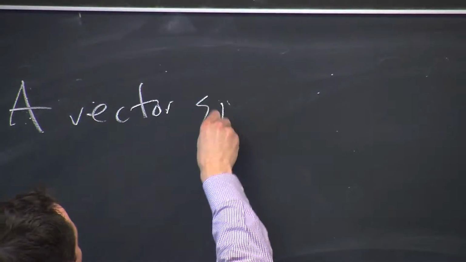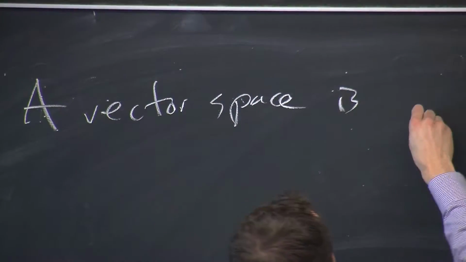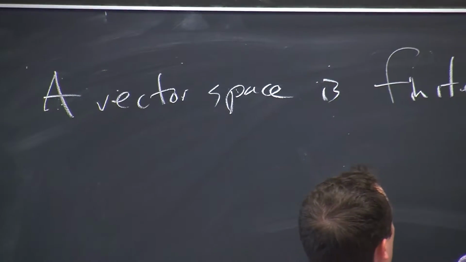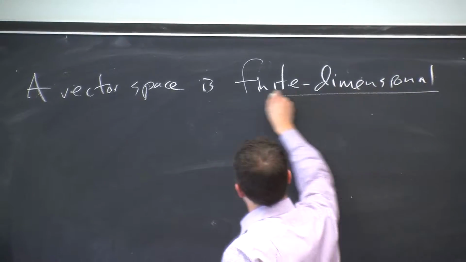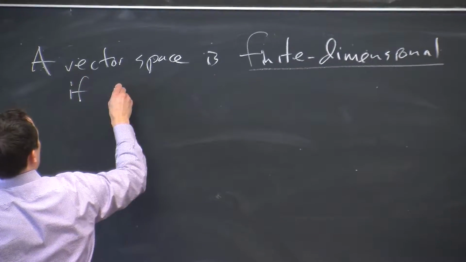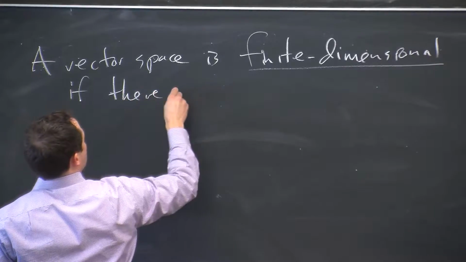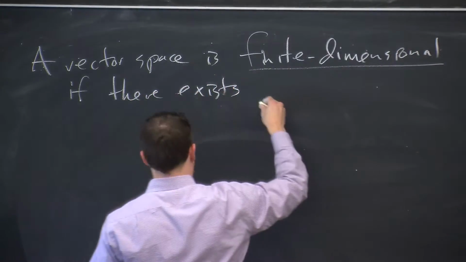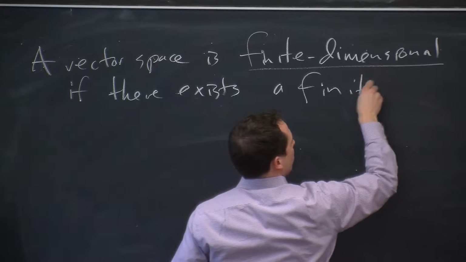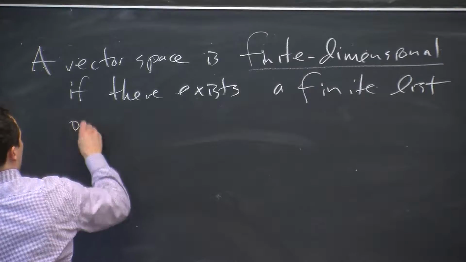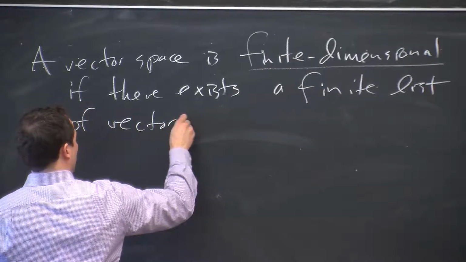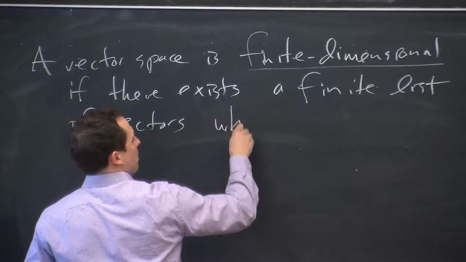I want to say that a vector space is finite dimensional if there exists a finite list v1 up to vm of vectors which span the space.